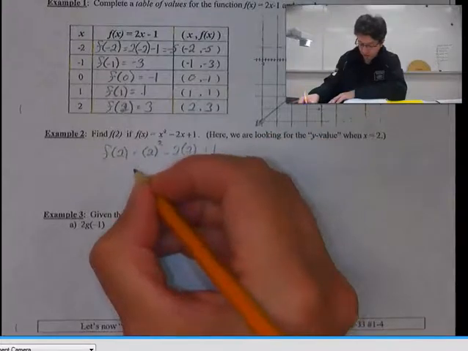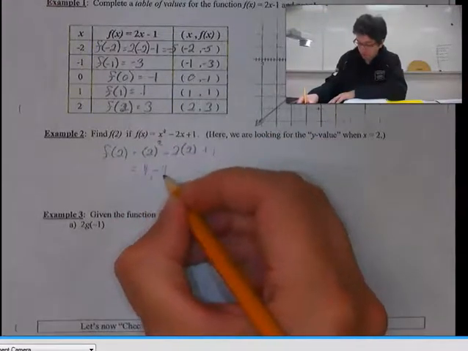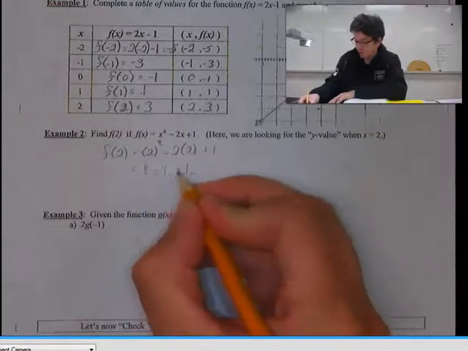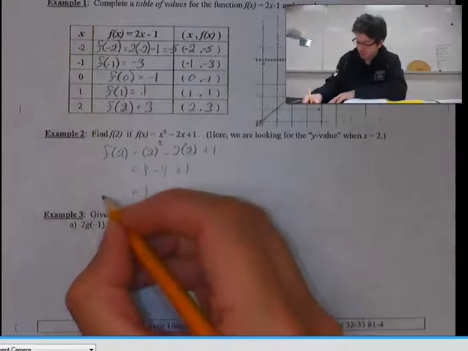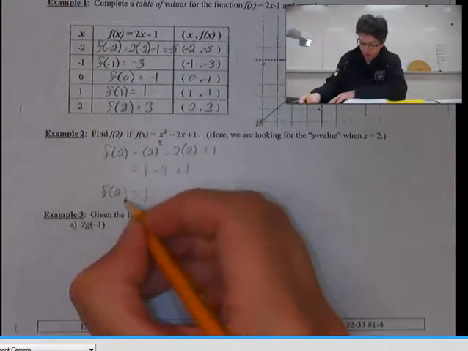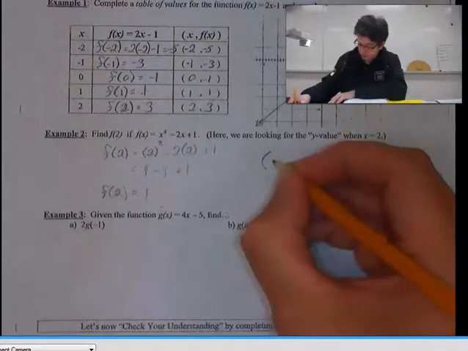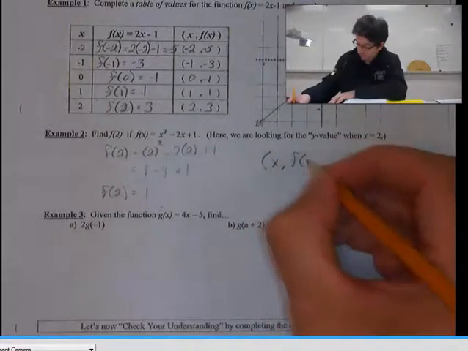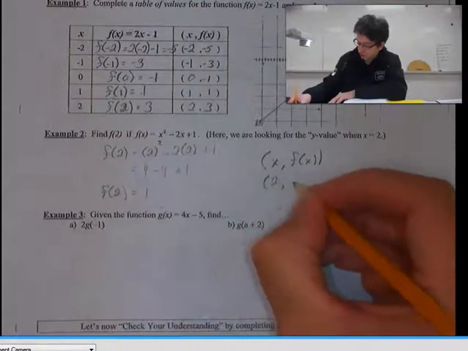And so 2 squared is 4, minus 2 times 2 is minus 4, plus 1. Those cancel, and we're just left with 1. So that means f of 2 has a value of 1. Or a coordinate pair, which we write x and f of x, is 2, 1.